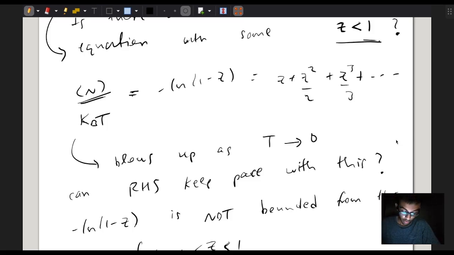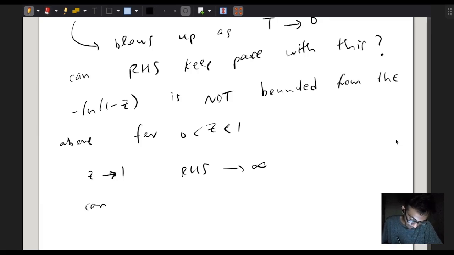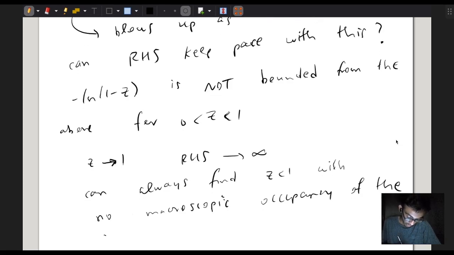So that means you can always find z less than 1, with no macroscopic occupancy of the single particle ground state.